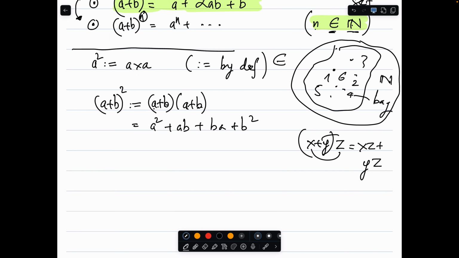And ab and ba are the same, because the position doesn't matter. There's a name for that, but I forget the name for the moment. Maybe commutativity, but this doesn't matter much. So they are the same. So it's a squared plus 2ab plus b squared. Of course, you can write 2ba, but ab is better because in the alphabet a is before b. That's it.